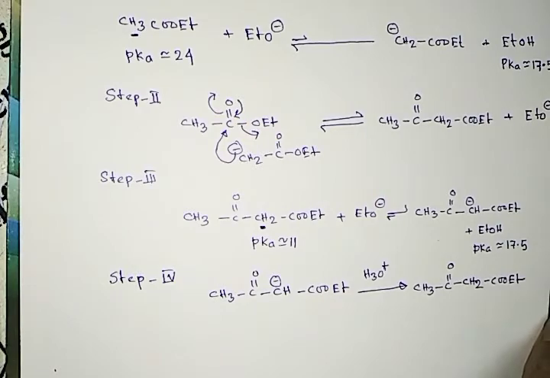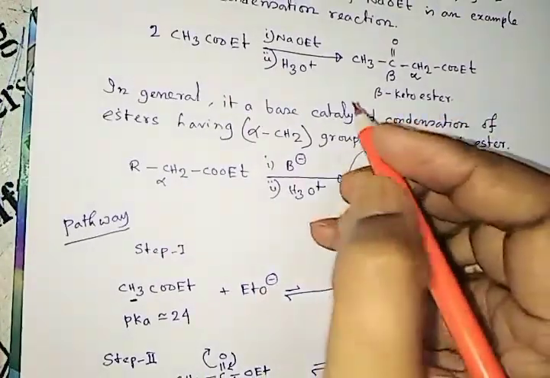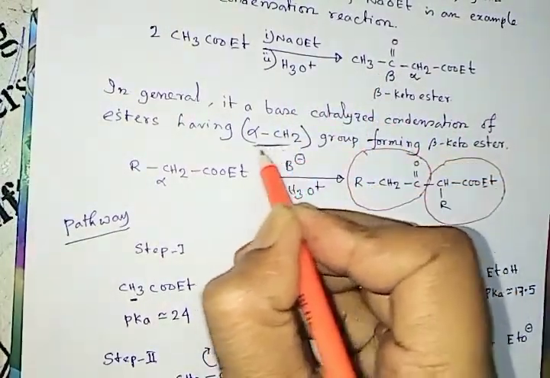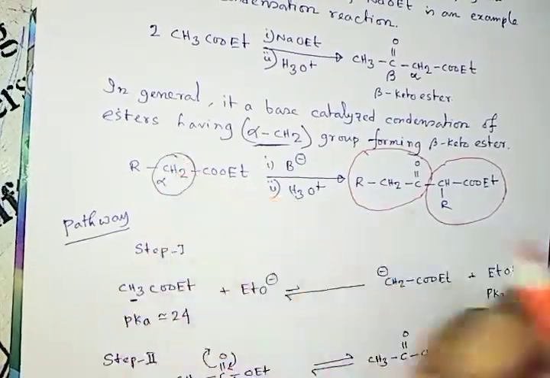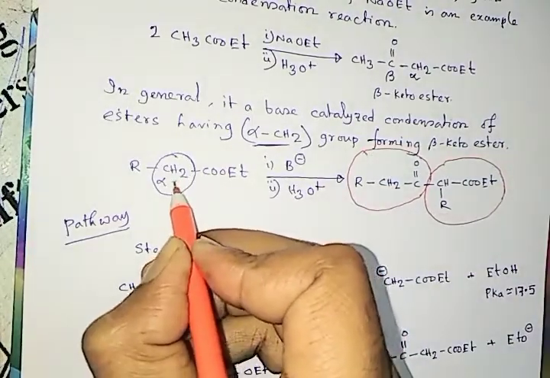Therefore, as you can see, this alpha CH2 group of the ester is very important to make the reaction successful. Why are 2 protons necessary?